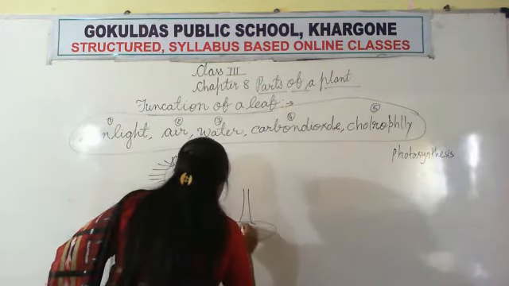It is already in the air. हवा में कार्बन डाइऑक्साइड होती है ना, it is already in the air. And the green pigment which is called chlorophyll, it is already in the plant, it is already in the leaf, right? So this is the process, and then plant will release the oxygen.